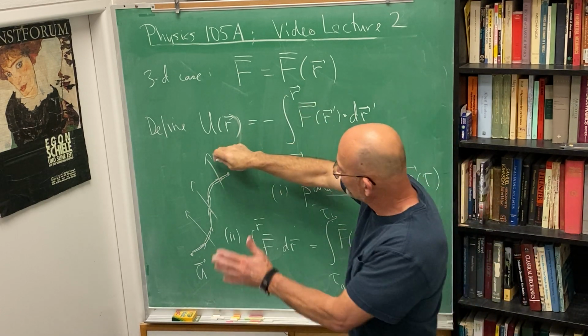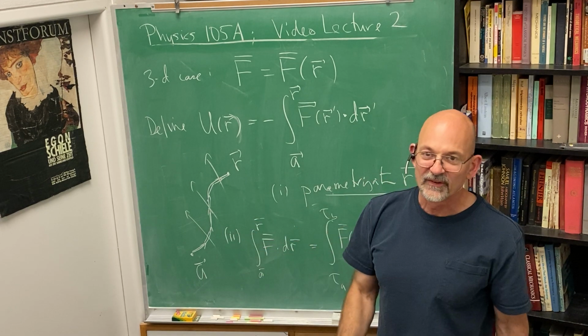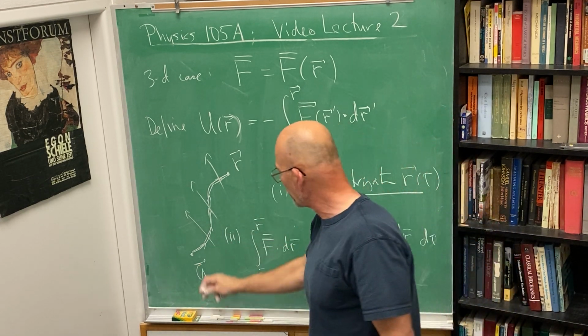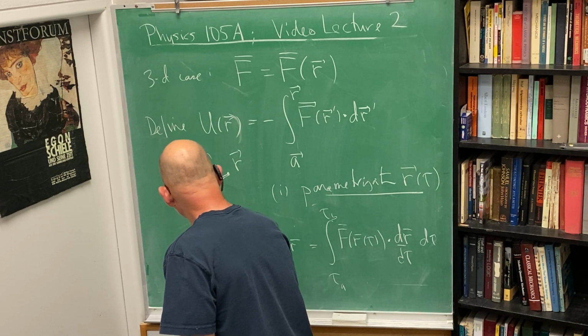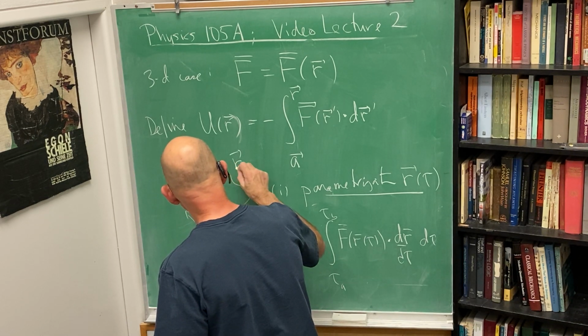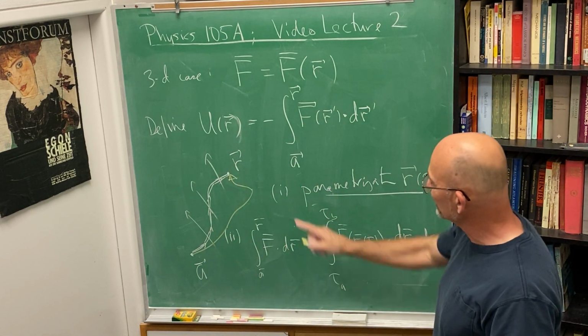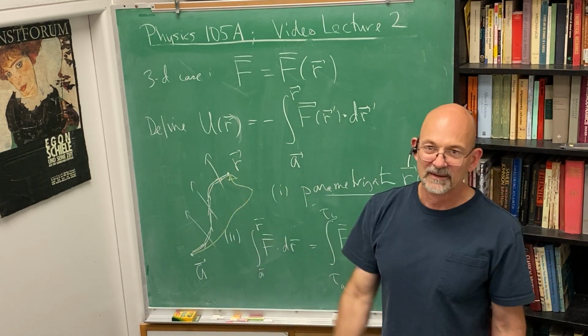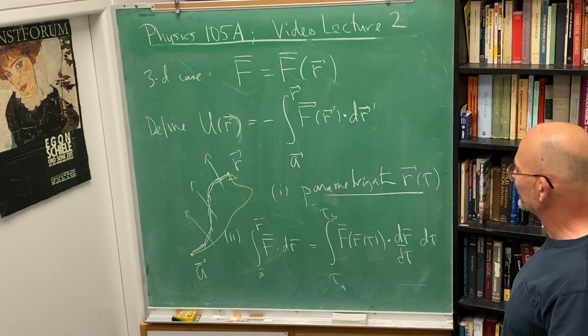Remember, this is just a point in space, r, so it doesn't matter how I get there, I have to always have the same value. So if this is one path, and I use another color and have a second path like that, the yellow integral has to be the same as the white one.